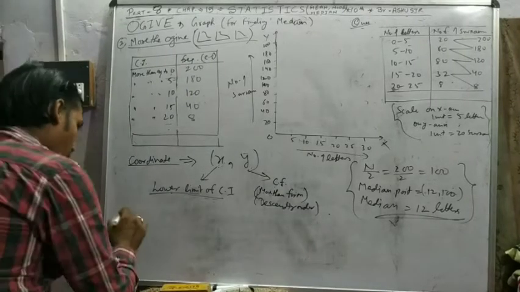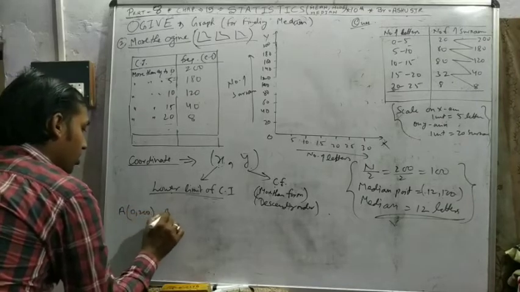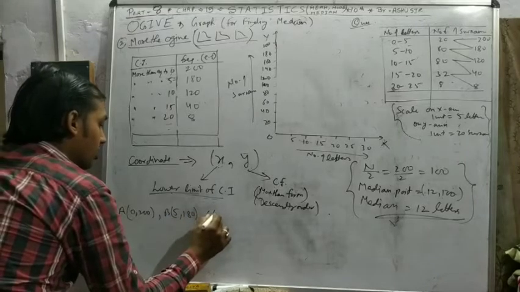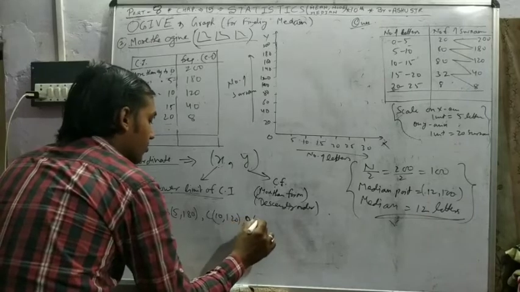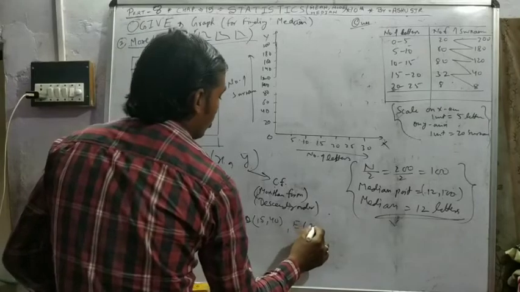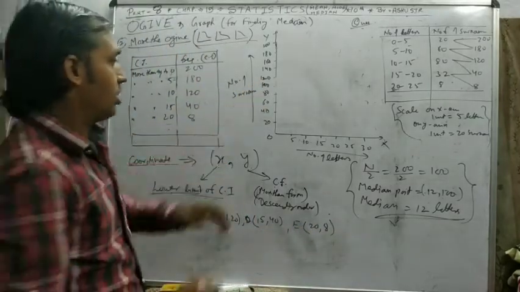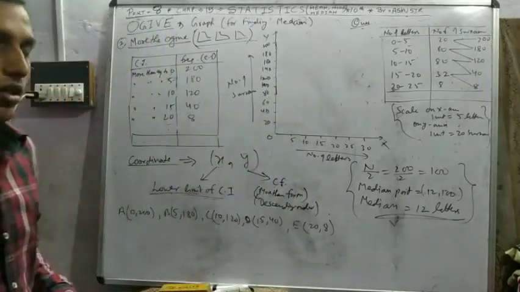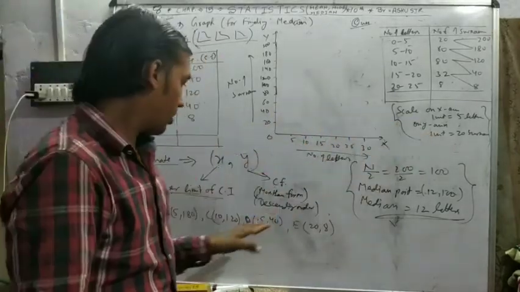So we get the coordinates A 0, 200, B 5, 180, C 10, 120, D 15, 40, E 20, 8. The graphical representation uses the same scale because the data is the same. Then plot it.